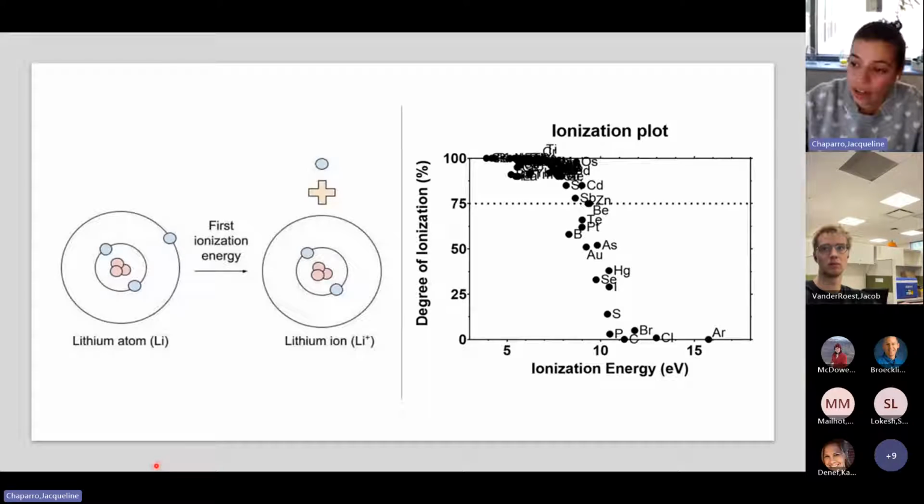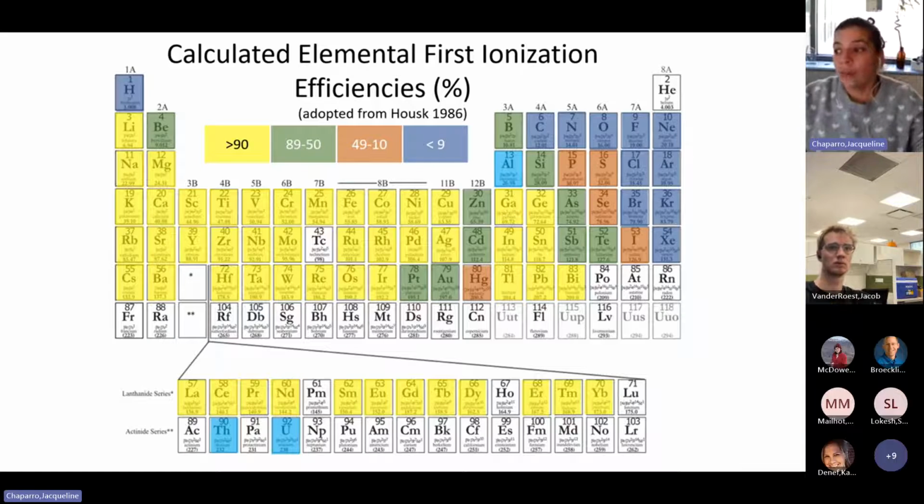So then another idea, as I mentioned, for most of the elements that we're measuring in this table, you can see the ionization efficiencies for each element. What this means is how well you can ionize this element. If you're measuring, let's say, something like sodium, not only is it highly concentrated in typical food samples, but over 100% of that element is being ionized.